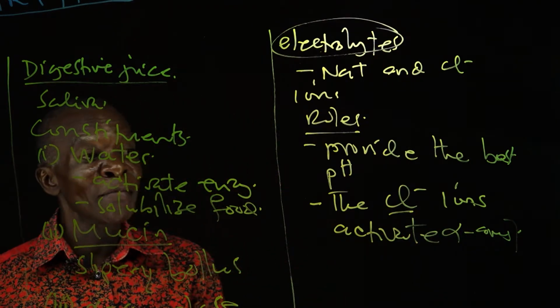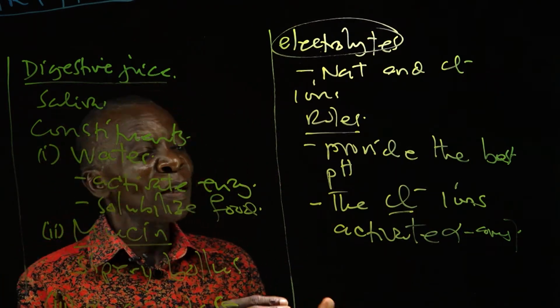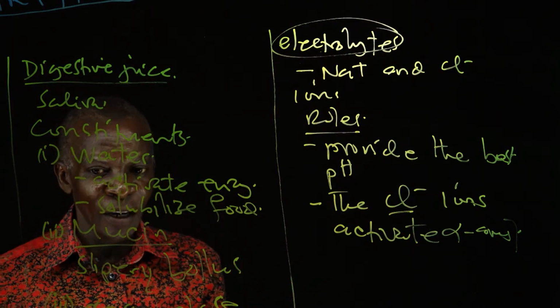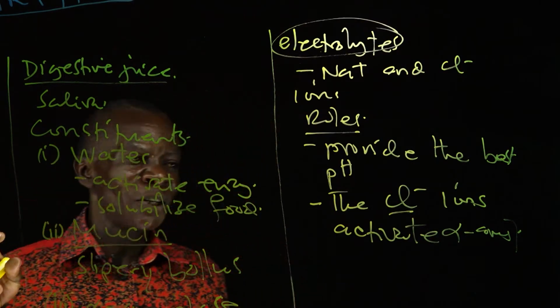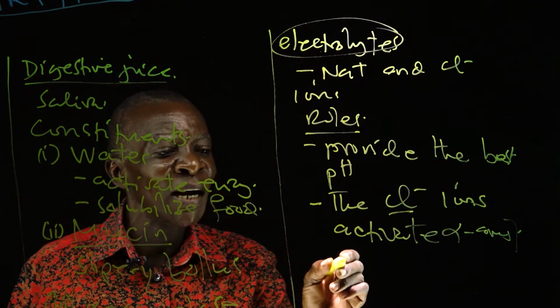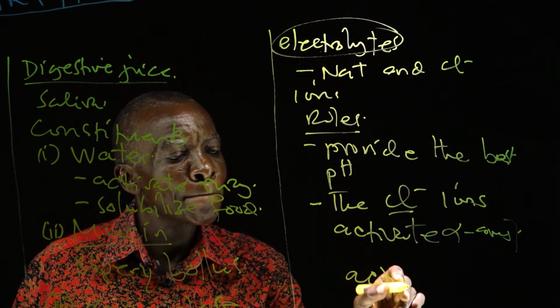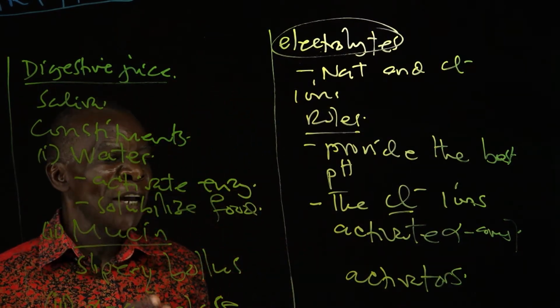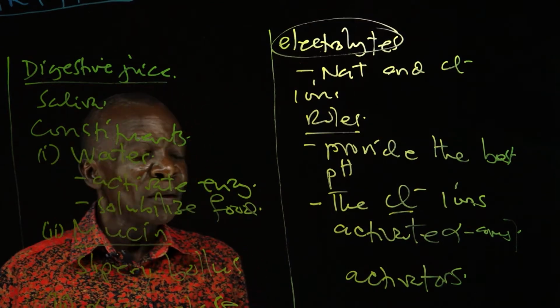So alpha amylase works in coordination with chloride ions. In enzymatic language, we call these chloride ions enzyme activators, or simply coenzymes.